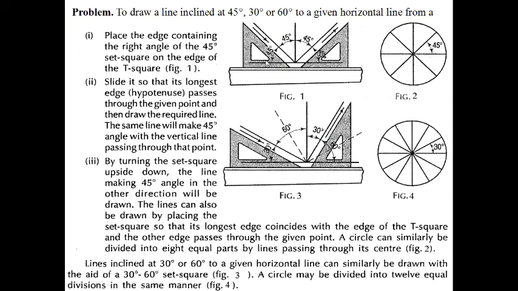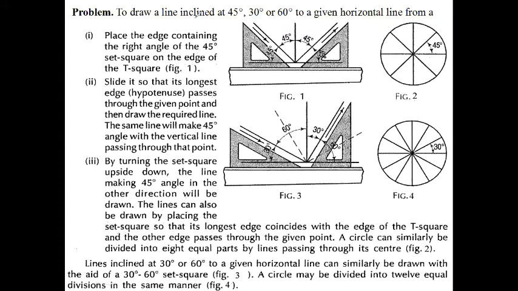Using the T-square you draw the 45 degree line. Previously we just lowered the T-square according to the edge, and here we use the 45 degree set square on the T-square base, and we get the 45 degree.